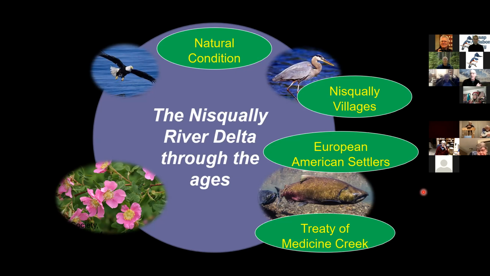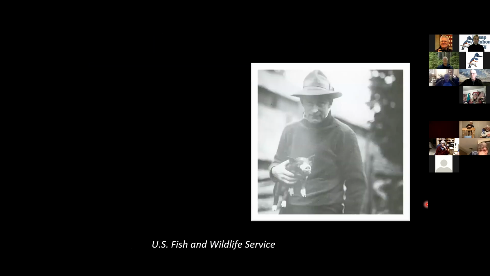And after that, for the next 50 or 60 years, there probably wasn't a lot of human-induced change in the Nisqually Delta area until Brown's Farm came into being. And you might know the story of Alson Brown. He was a Seattle lawyer who had a vision of creating an industrial scale farm down on the Delta.